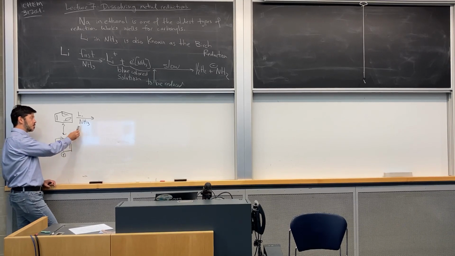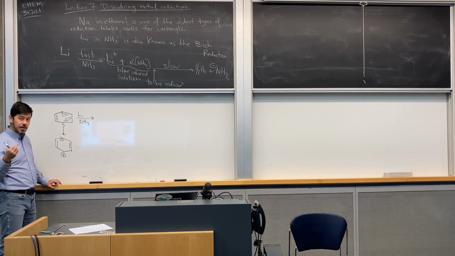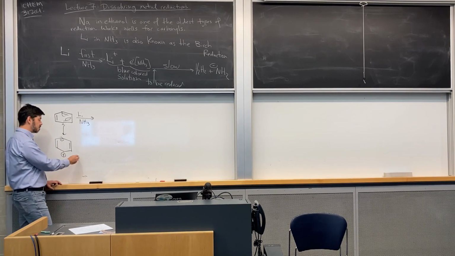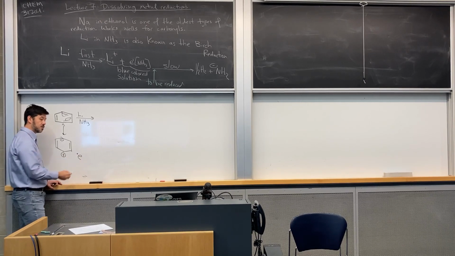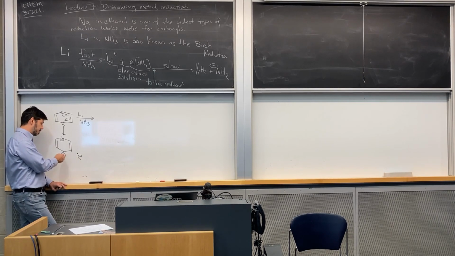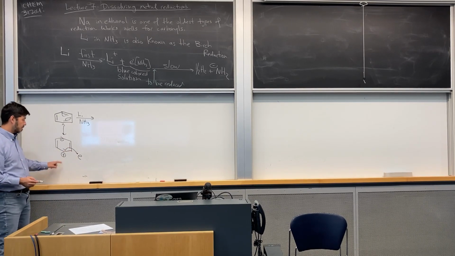So if you treat this with lithium and ammonia, remember you now have these solvated electrons in solution. Is it going to be possible to use these electrons in a useful manner? So we have single electrons, and you can see here with this positive charge we can get a single electron going to that positive carbon.